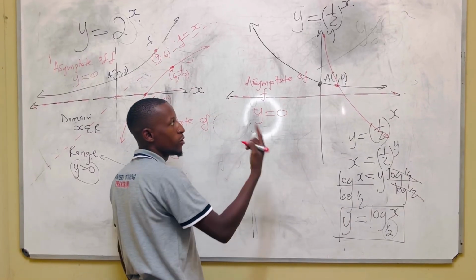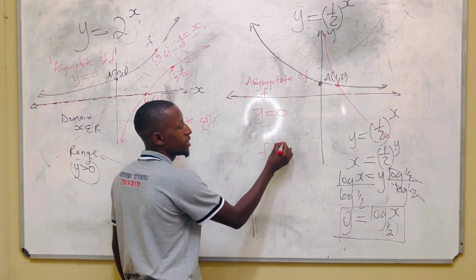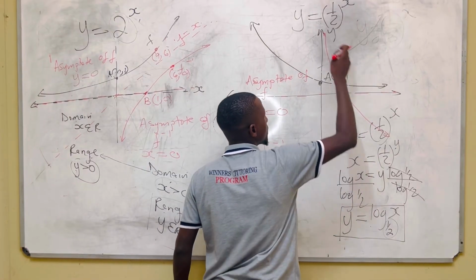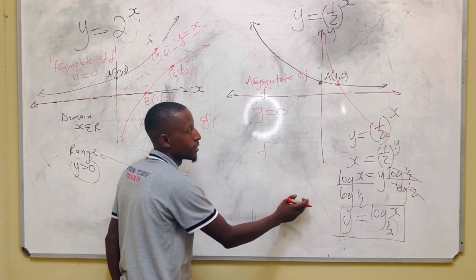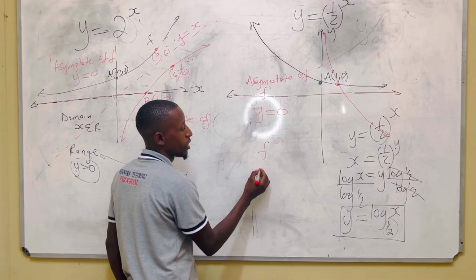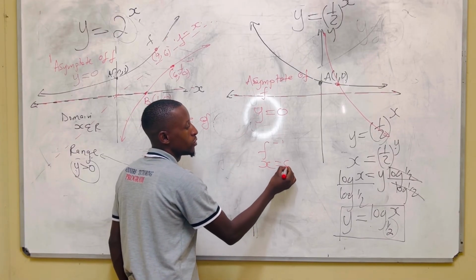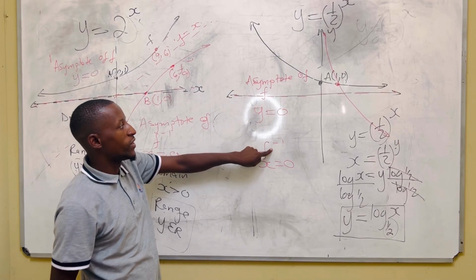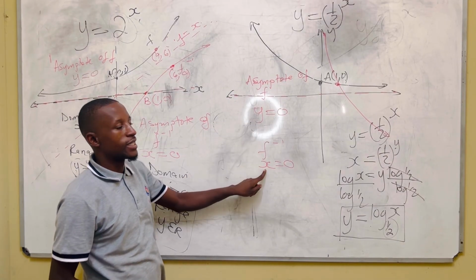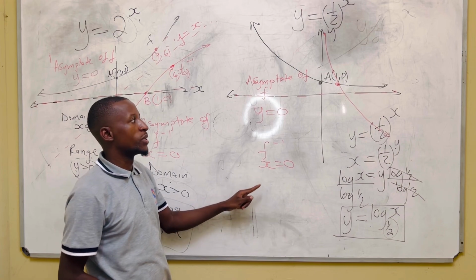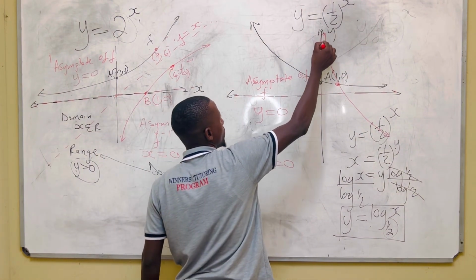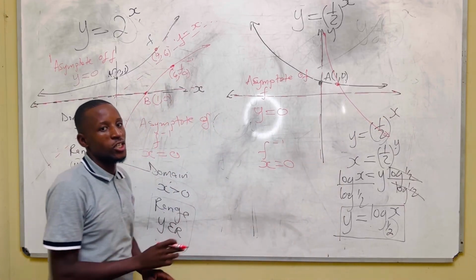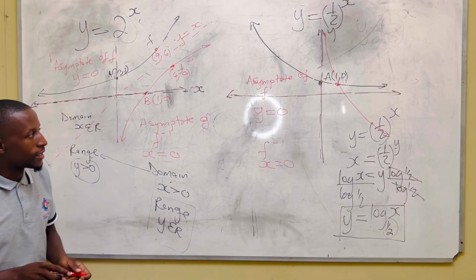But remember, on the inverse, the asymptote is no longer going to be the x-axis, it's now going to be the y-axis. So now our asymptote is going to be x equals 0. Do you see all the time when we are moving from f to its inverse, wherever there is y, you place an x. So our asymptote is now this part. It's no longer this one, where you always interchange. So you need to master that.